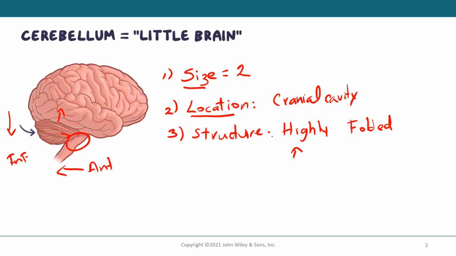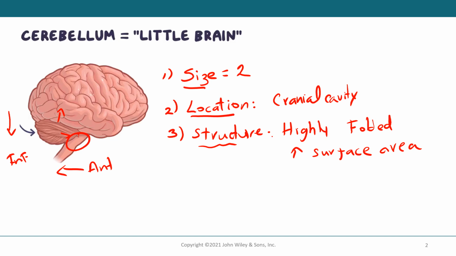Because it allows an increase in the surface area. When you have a high surface area, you have more space to add more neurons there.